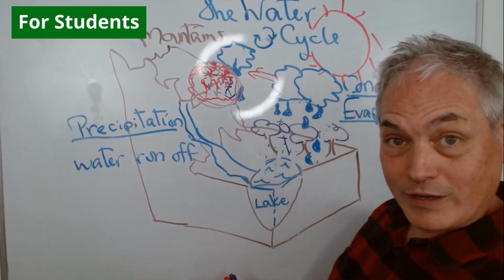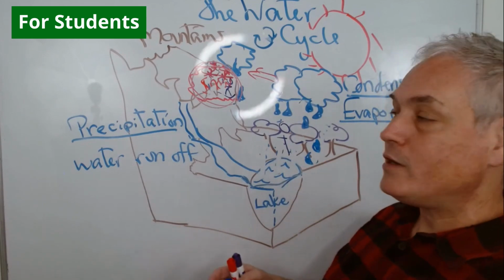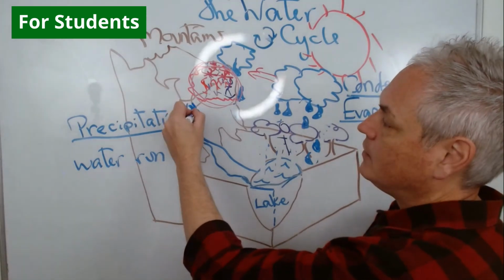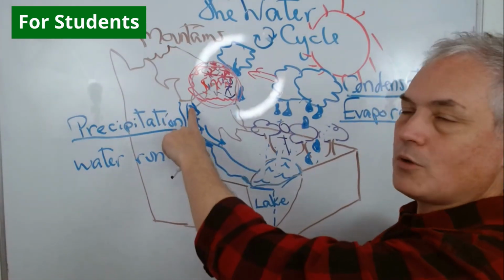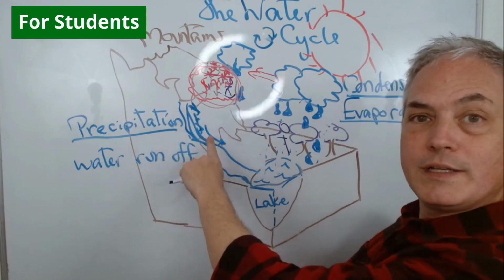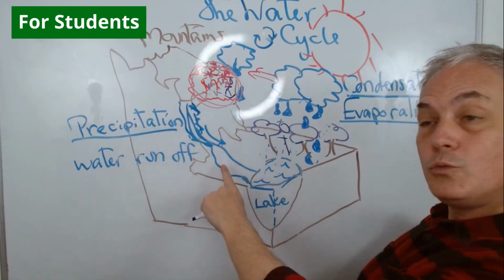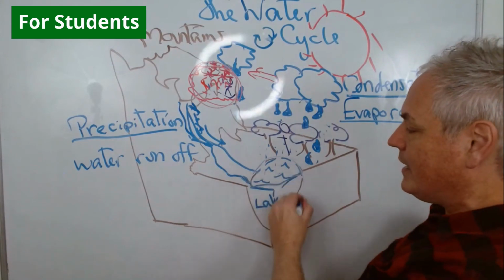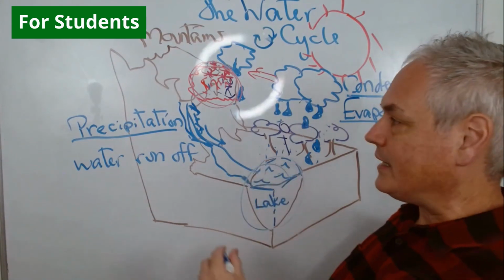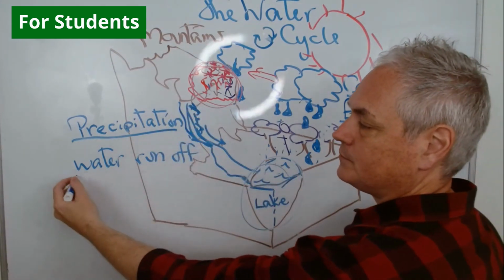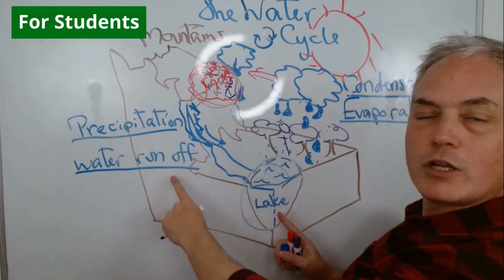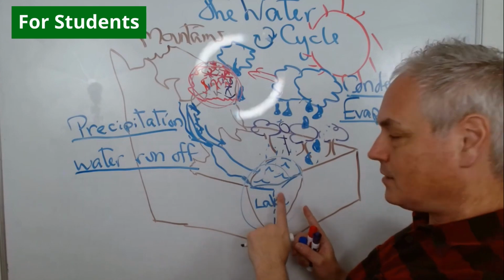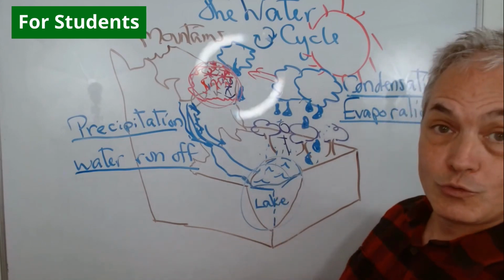However, if there's a lot of rain, what will happen is there's an accumulation of drops here, and you will end up with small creeks that will go into small rivers. It will go to a river here, and the water will end up in the lake. This is what we call water runoff.